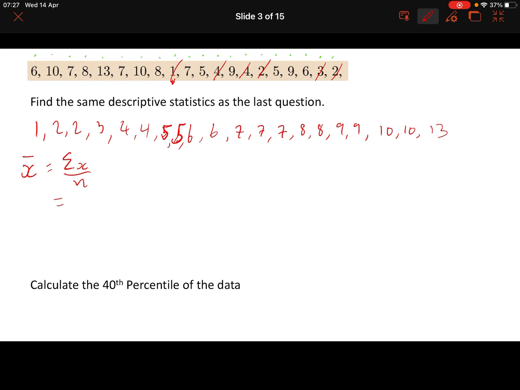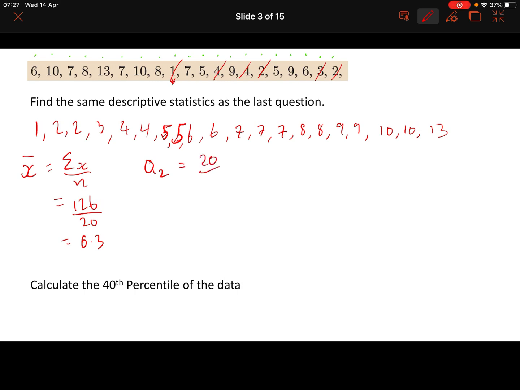You can see a little way I'm cheating to try and make it quicker. Okay, which is 126 divided by 20 data points is 6.3.